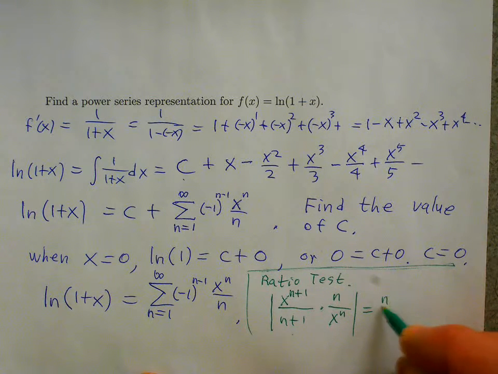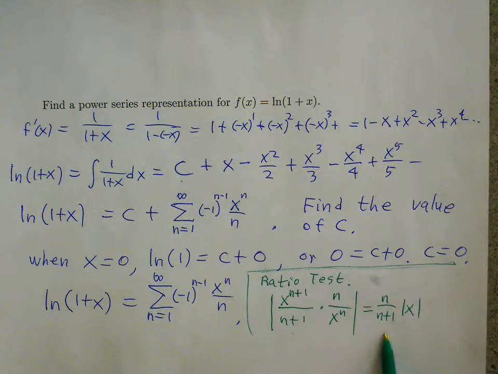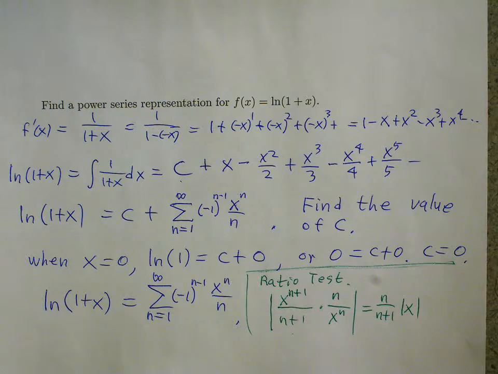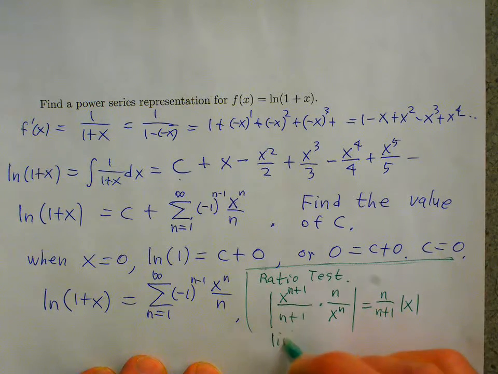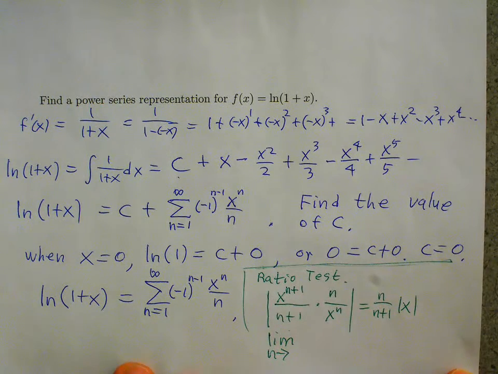So this becomes n over n plus 1 times the absolute value of x. So when we take the limit of that as n approaches infinity, we want it to be less than 1 so that it converges, right?